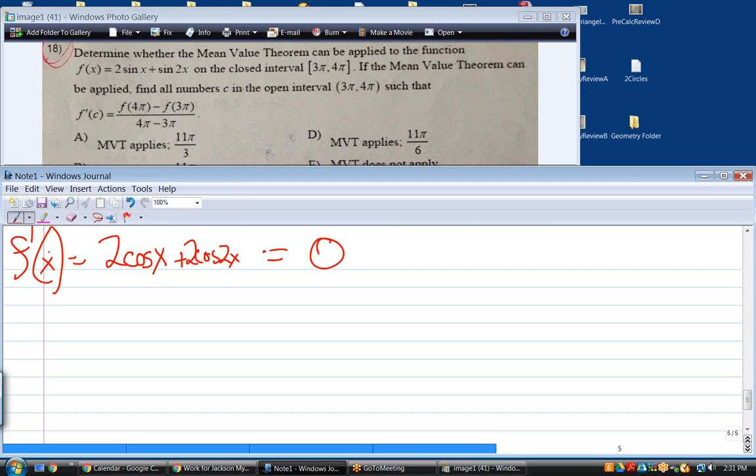So I have to find some c, and f prime of x is this, that's equal to 0. Well, let's first of all divide everything by 2 to get rid of those 2's there. So now I have cosine of x equals minus cosine of 2x.